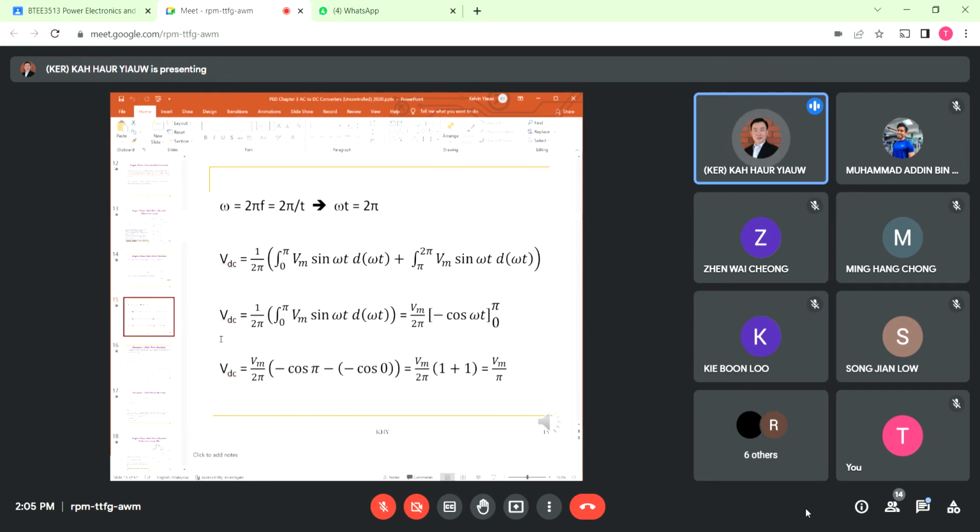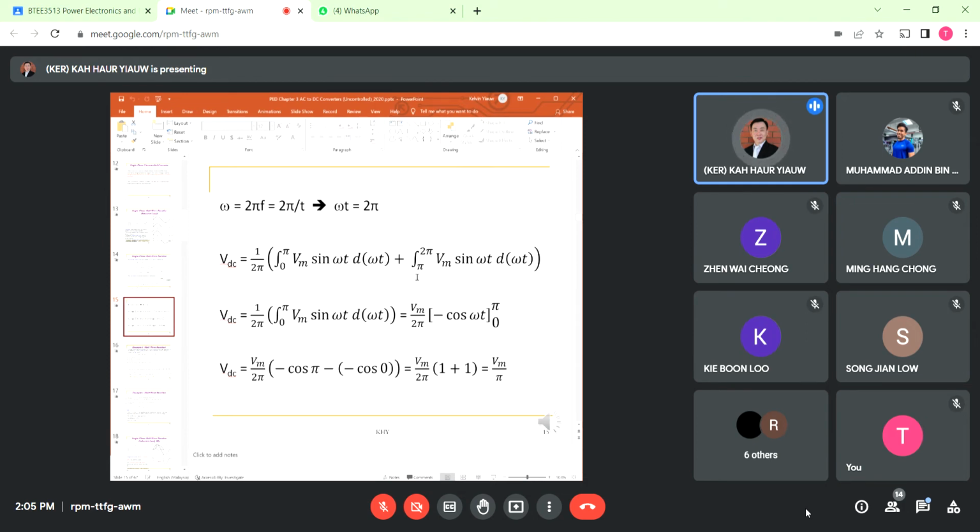For example, for the VDC, I know that omega is equal to 2 pi f. So that should give you 2 pi over T. And then if I bring the T to the left hand side, I have omega T equal to 2 pi. That makes sense, right? So our integration range can also be changed from time T to radians.